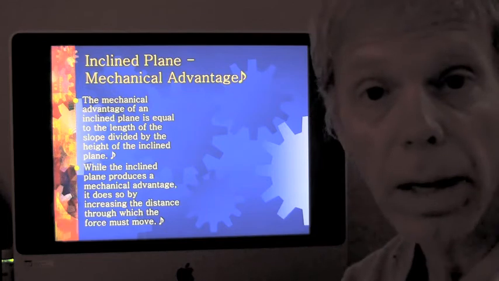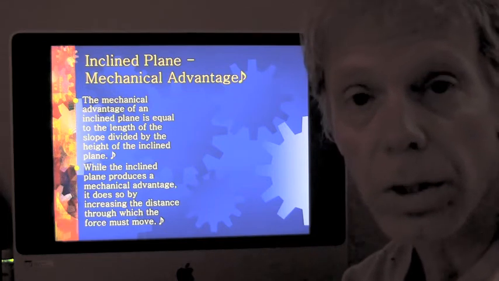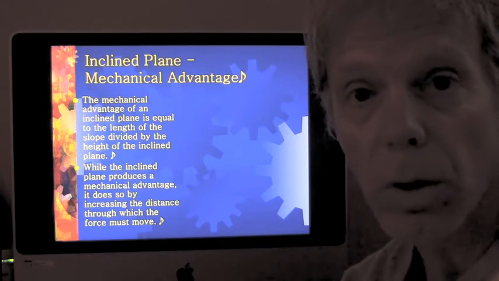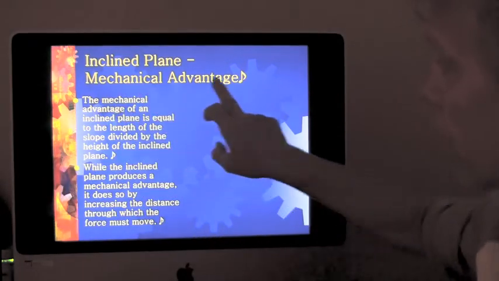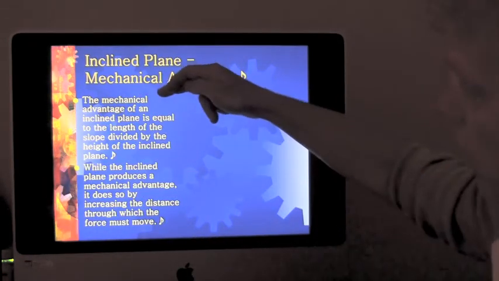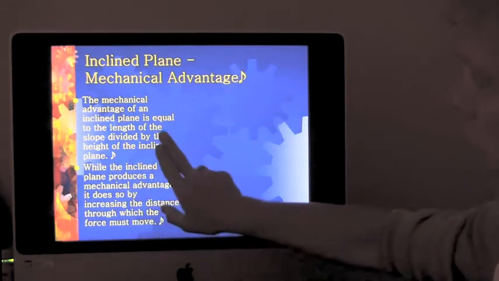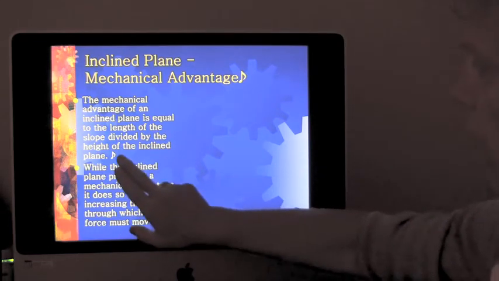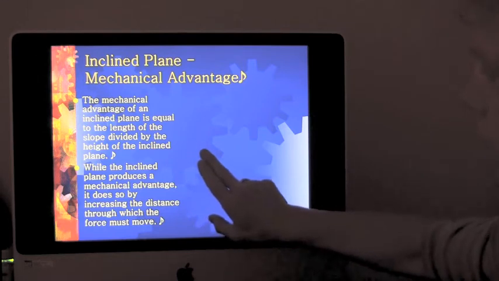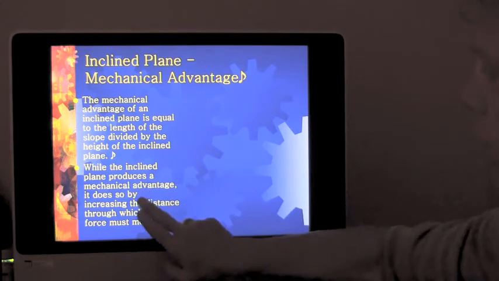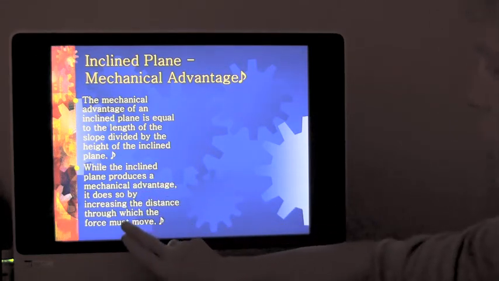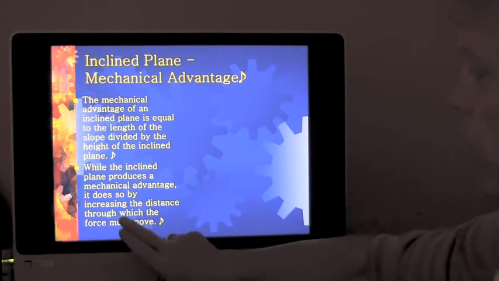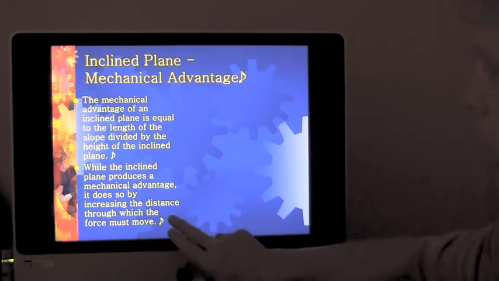So an inclined plane, as other simple machines do, provides us with what is known as a mechanical advantage. So the mechanical advantage of an inclined plane is equal to the length of the slope divided by the height of the inclined plane. The inclined plane produces a mechanical advantage, and it does so by increasing the distance through which the force must move.